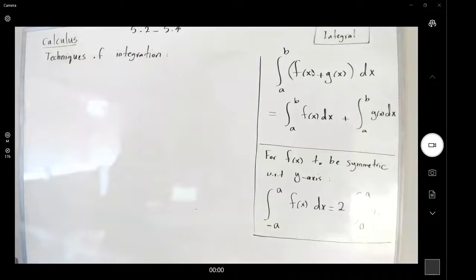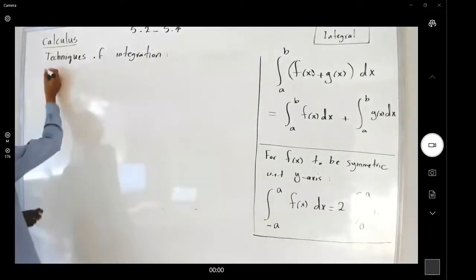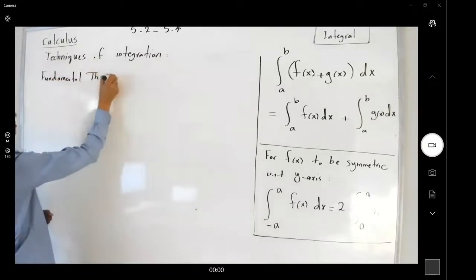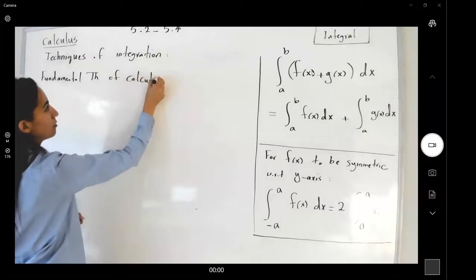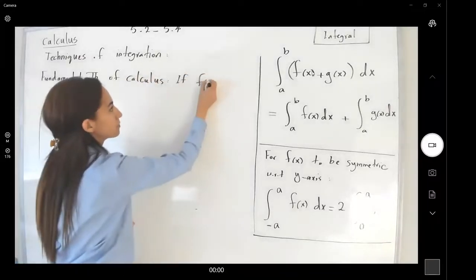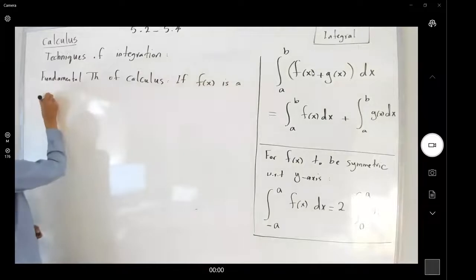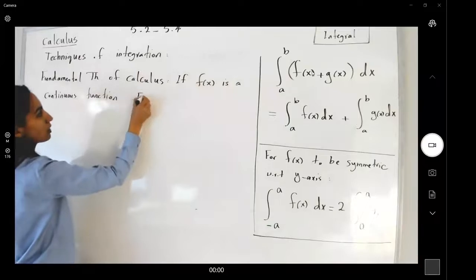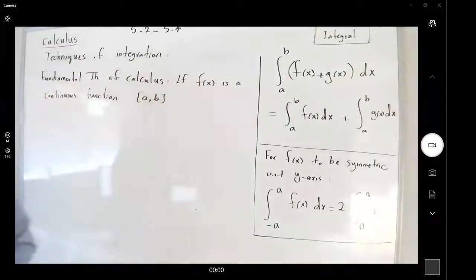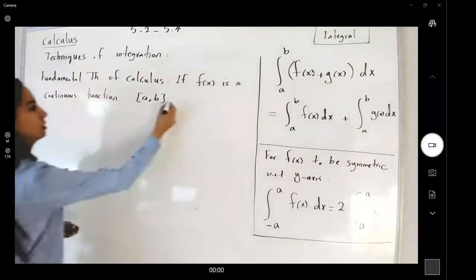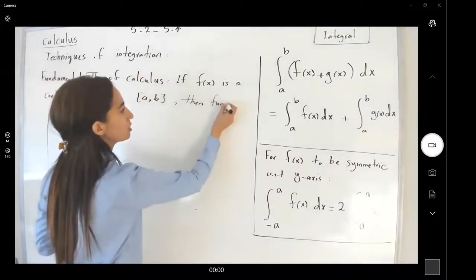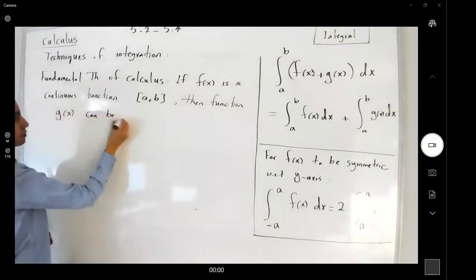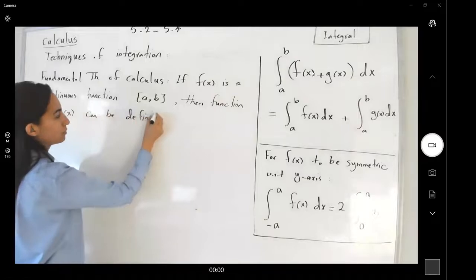The fundamental theorem of calculus tells us that if f is a continuous function over the closed interval a and b, then the function g of x can be defined this way.